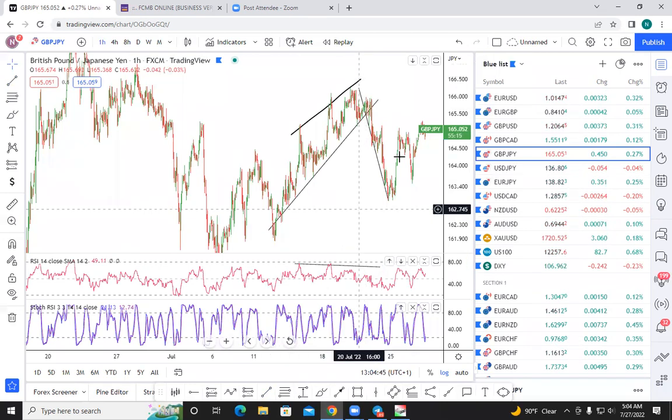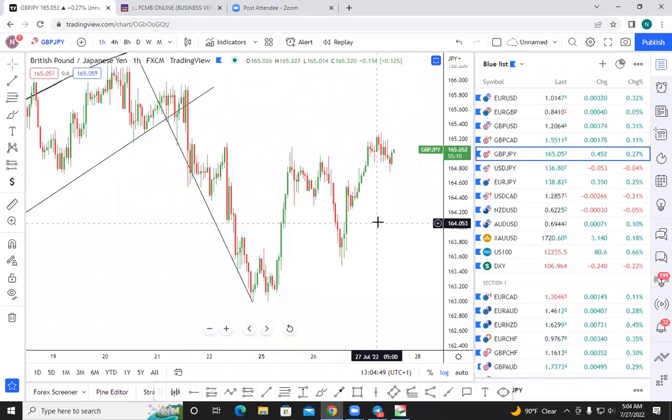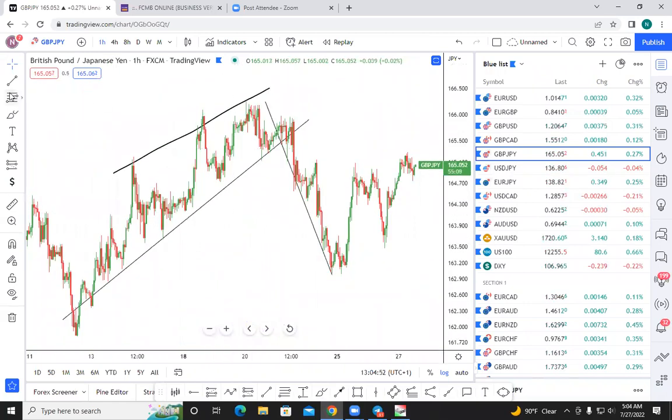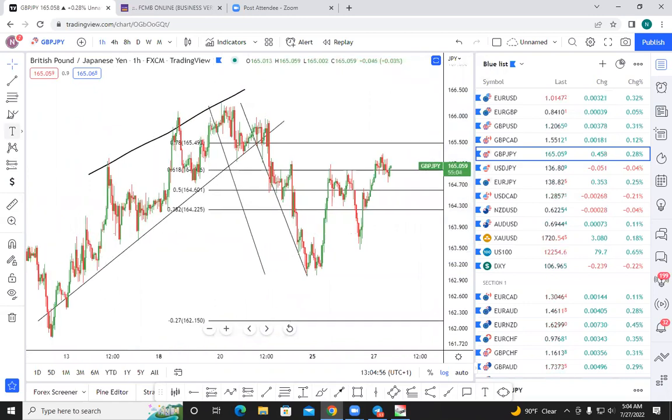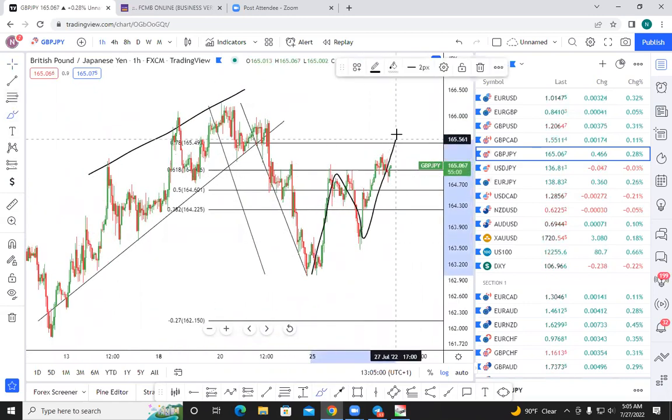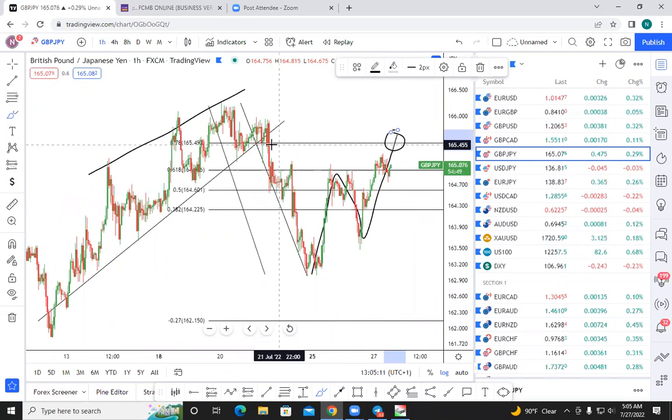So if that's the case, I would just like to find a fib of this wave to the downside, this impulse to the downside. And since this is a zigzag corrective structure, I want to look at 78% fib retracement.